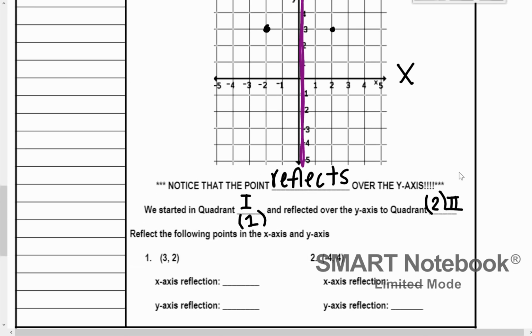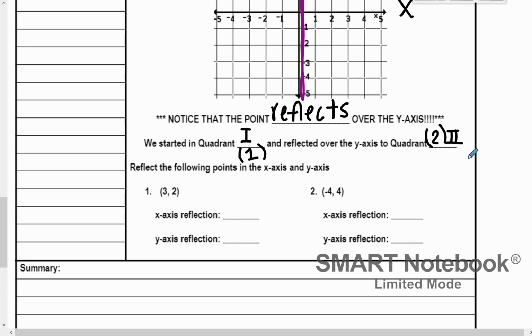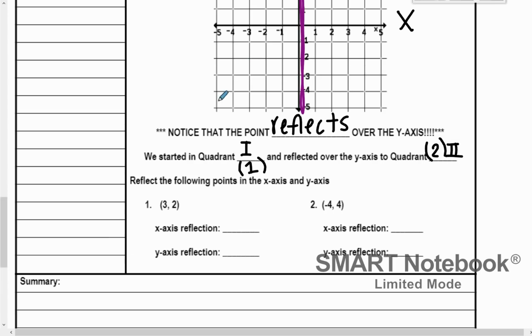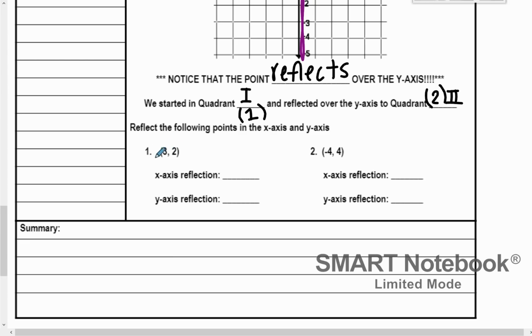Like I was saying before, we need to know how to do this without a graph as well. It's great and dandy that we could probably do this without using same x opposite y or same y opposite x, but we're not going to always have a graph. So we need to be able to know what the reflection of this point is going to be.